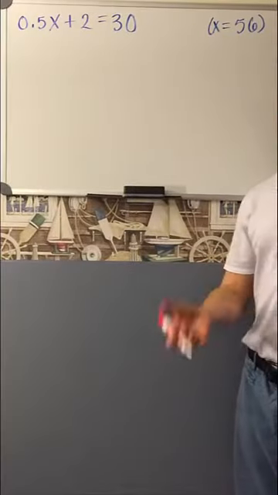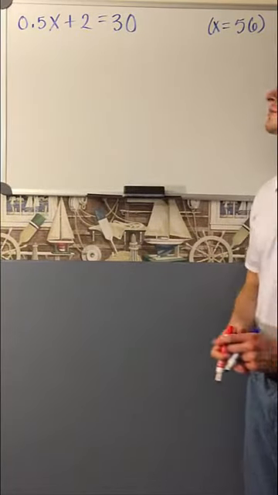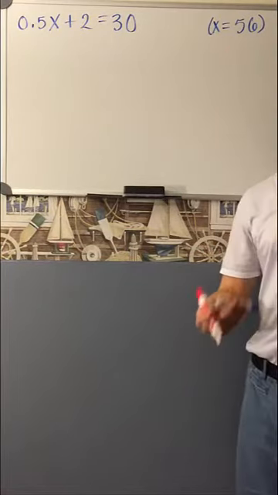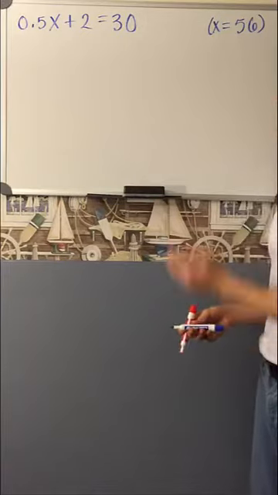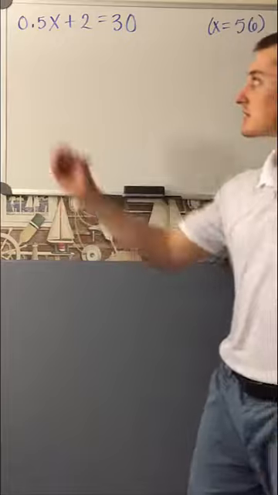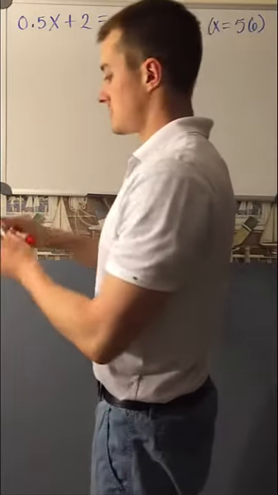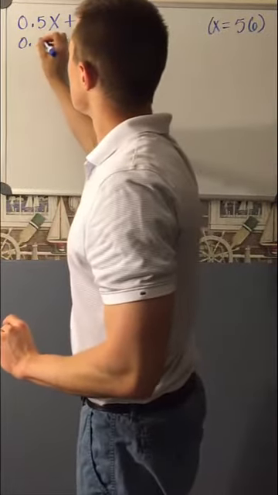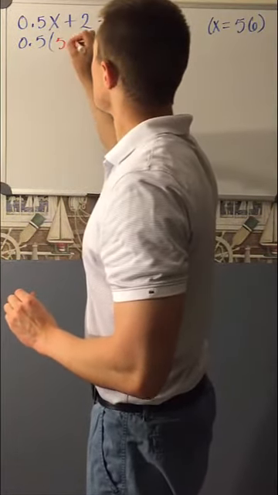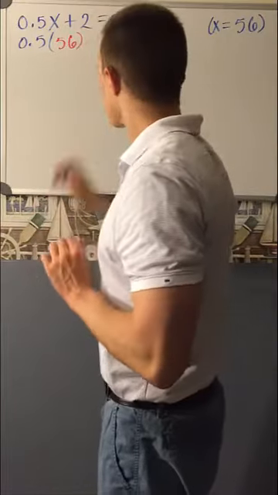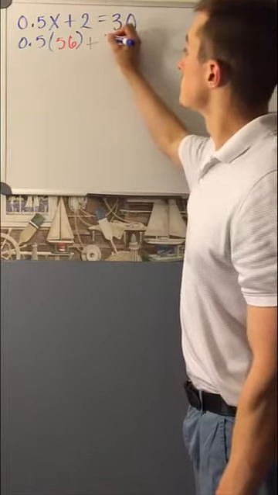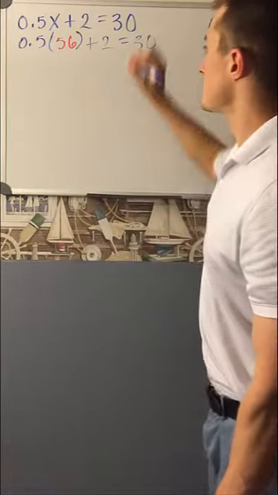So real quick, let's check over our work from the previous problem. We solved for x and we said that x was equal to 56, so let's check our work. And the way that we do that is we substitute x equals 56 into our algebraic equation. So we're going to put in here 0.5 times, we said x equals 56, plus 2 equals 30.